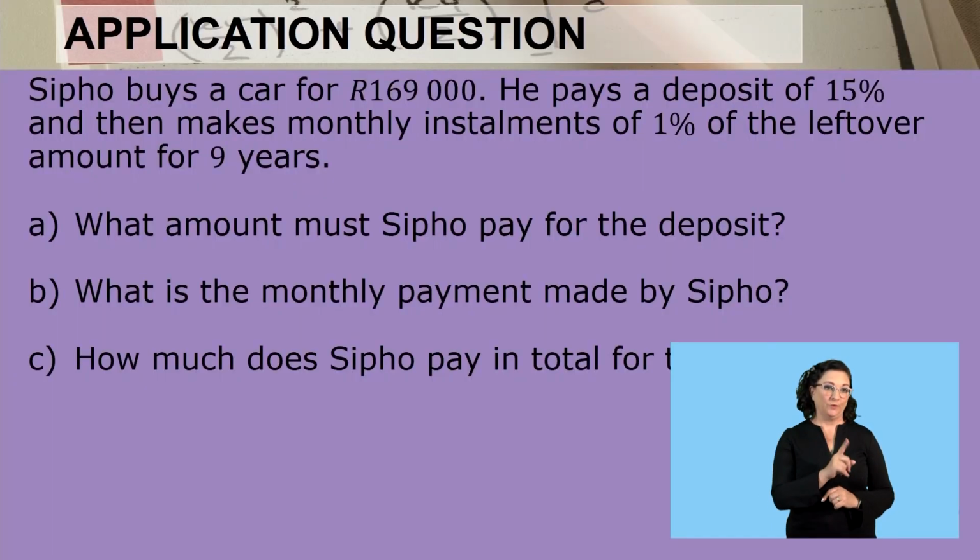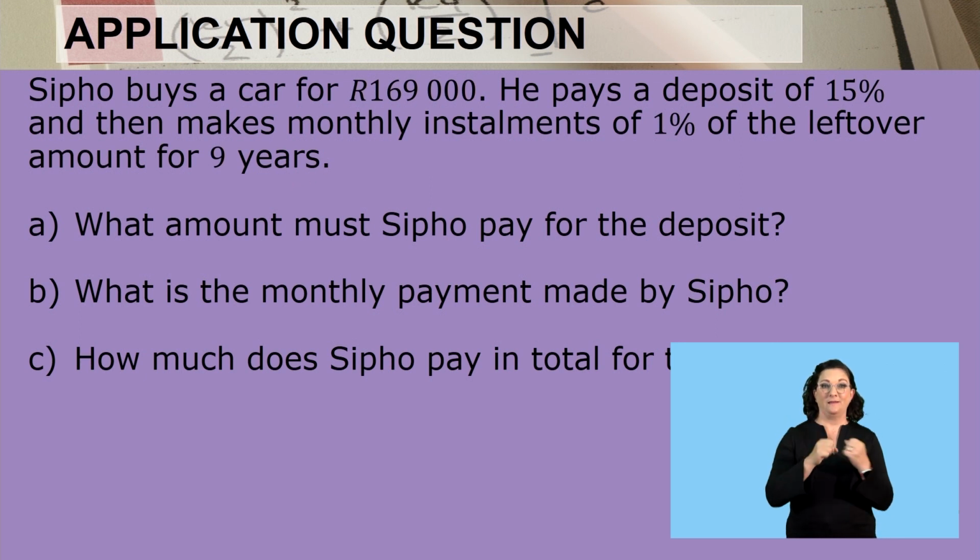We look at an application question here, and it reads: Sipho buys a car for 169,000 rand. He pays a deposit of 15% and then makes a monthly installment of 1% of the leftover amount for 9 years.